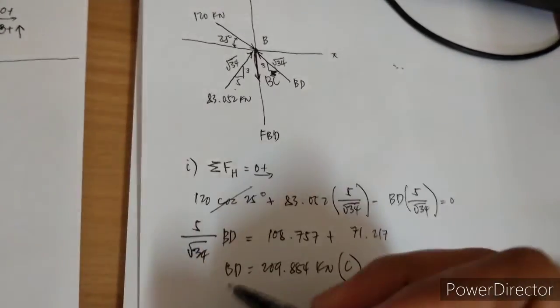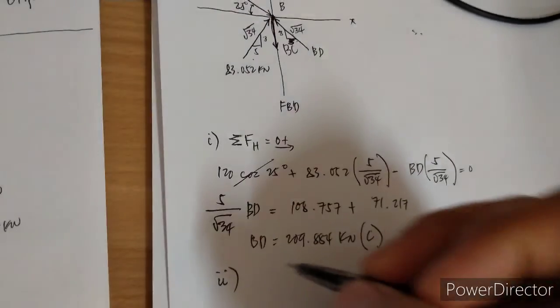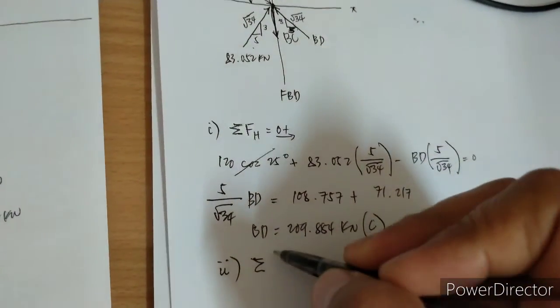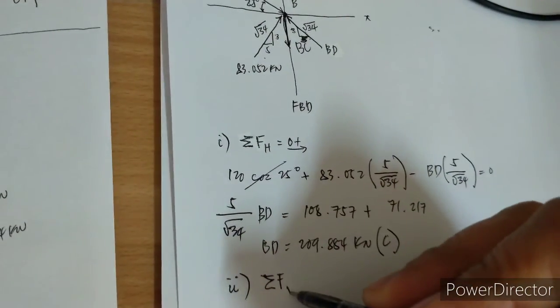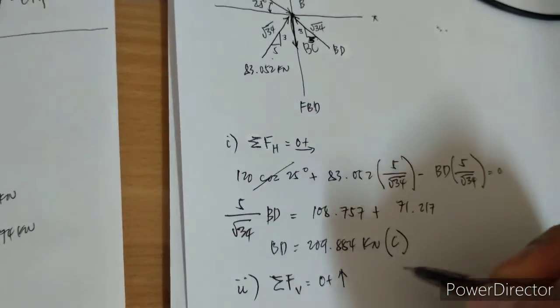So next step is we need to have summation forces vertical is equal to 0, positive going up.